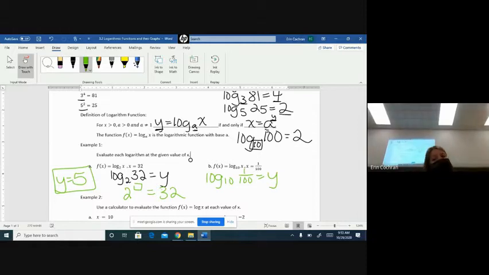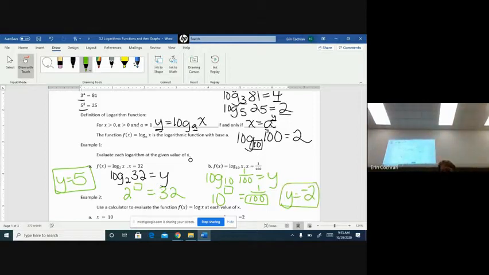We're looking for 10 to what power would be 1 over 100. Now, real quick, what kind of exponent makes a fraction? A negative exponent, right? So we know my y is going to be negative. And then we look at 10 to what power actually gets me to 100? 2. So y would actually be negative 2.